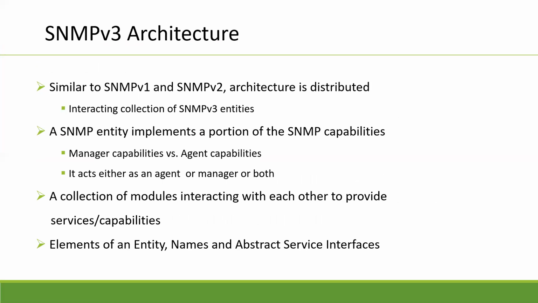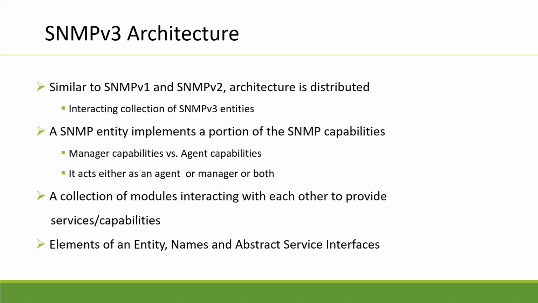Now we are going to enter the SNMP version 3 architecture. Here it is similar to SNMP version 1 and SNMP version 2. The architecture is distributed, integrating collections of version 3 entities. An SNMP entity implements a portion of the SNMP capabilities, like manager capabilities and agent capabilities.